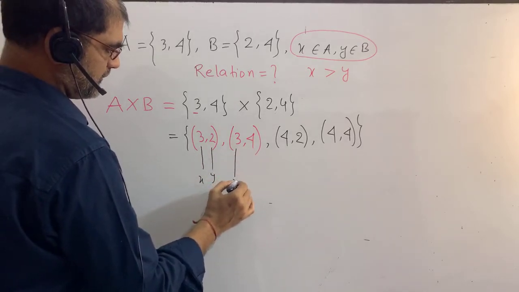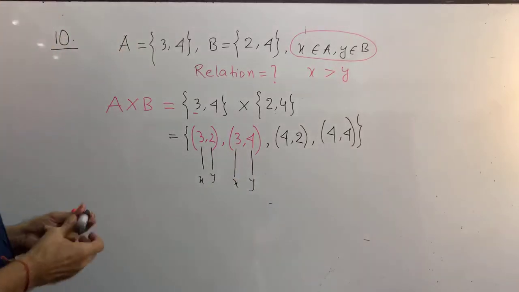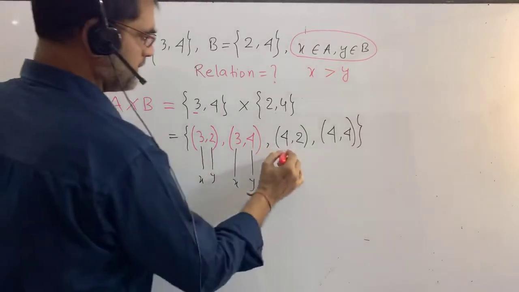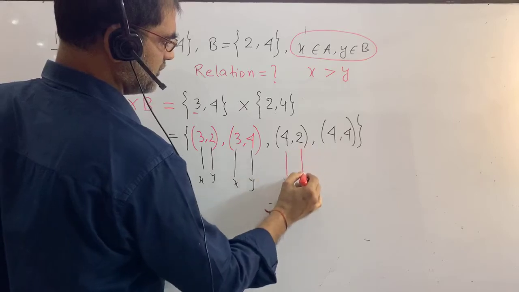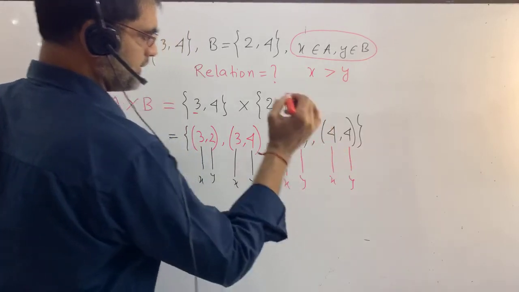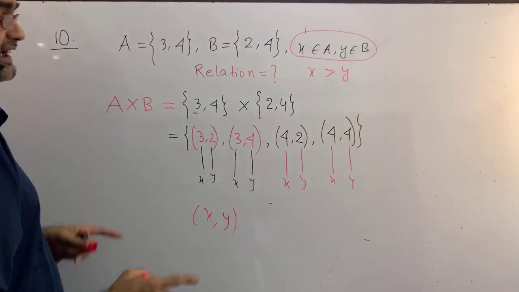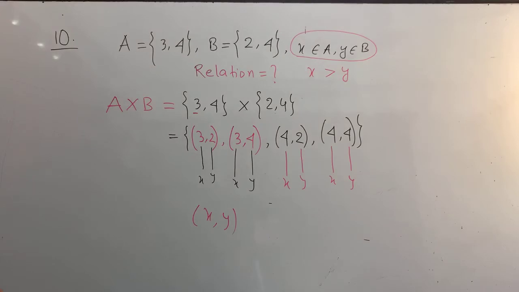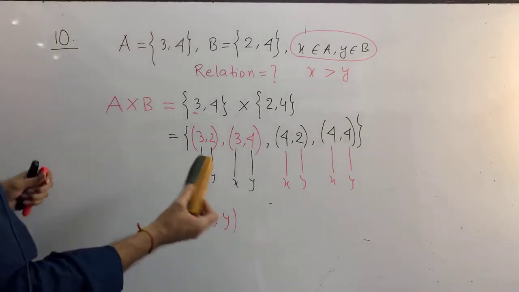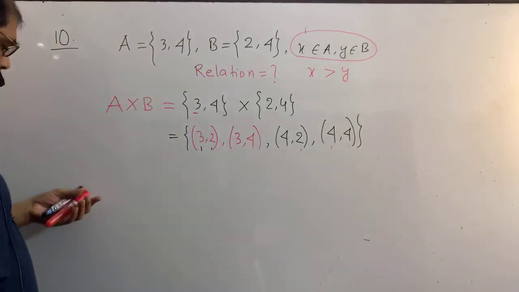In this form x comma y, the first one is x and the second one is y. That's good, and I know that you all know, but you remember it.